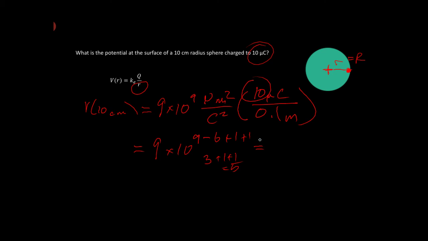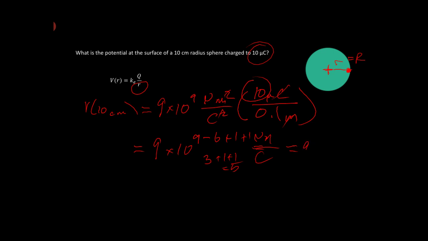So that's equal to, okay, well, actually I should cancel some of these things out here. Newton meters per coulomb. A newton meter per coulomb is a volt.